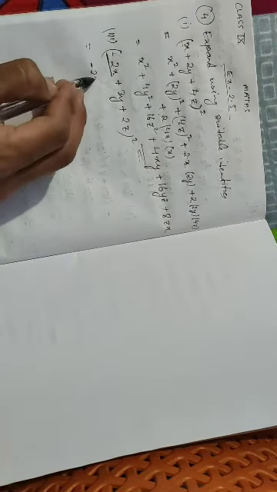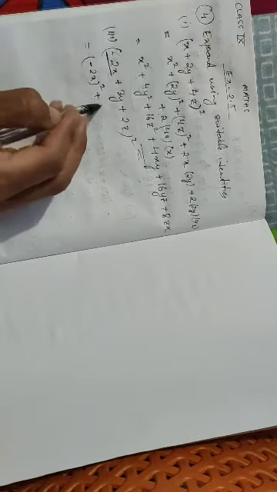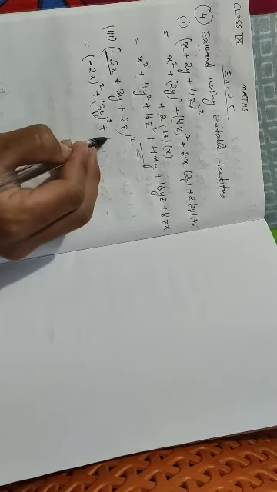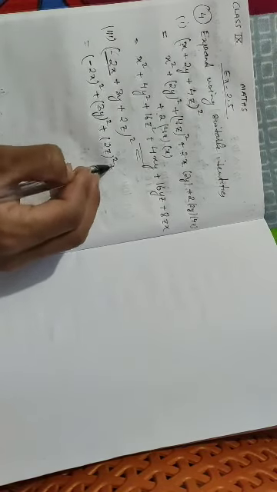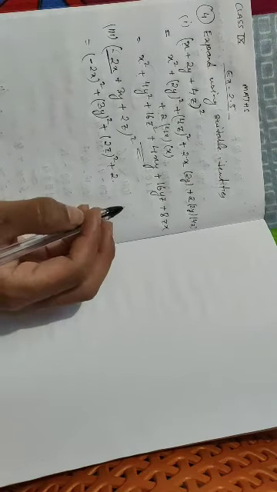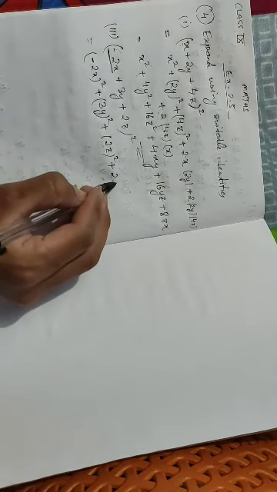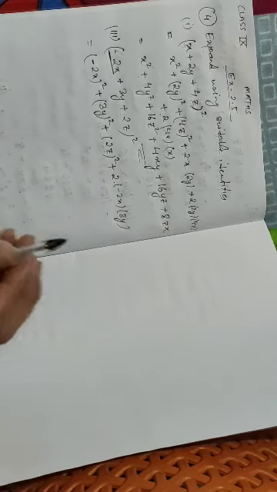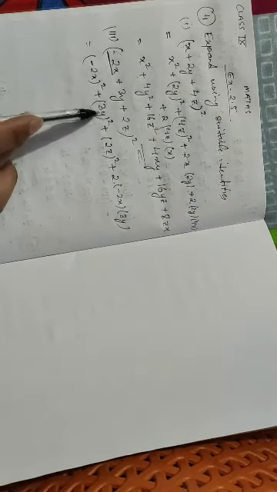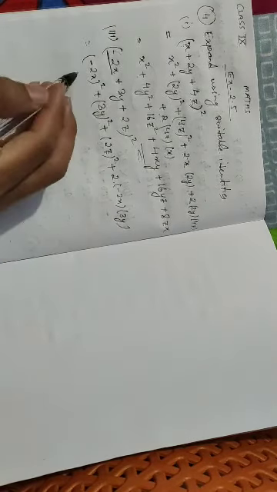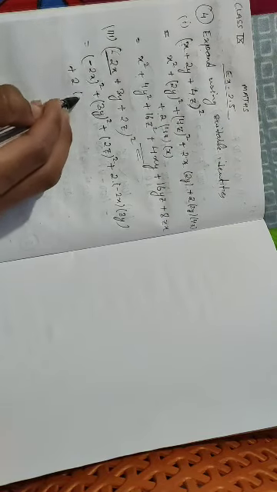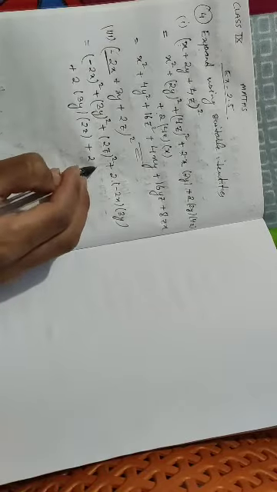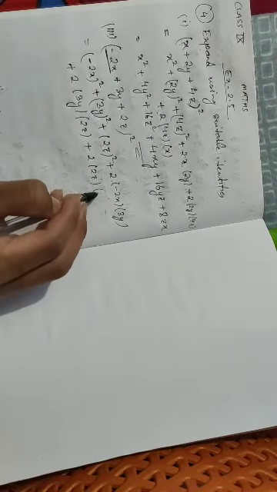So a square means (-2x) whole square, plus b square is (3y) square, plus c square is (2z) square, plus 2ab, where a is minus 2x and b is 3y, plus 2bc, that is 3y into 2z, plus 2ca, that is 2z into minus 2x.